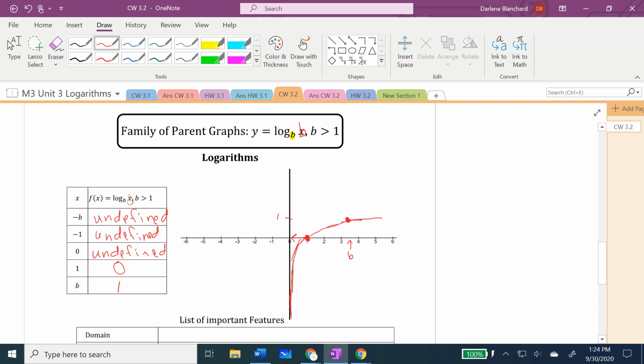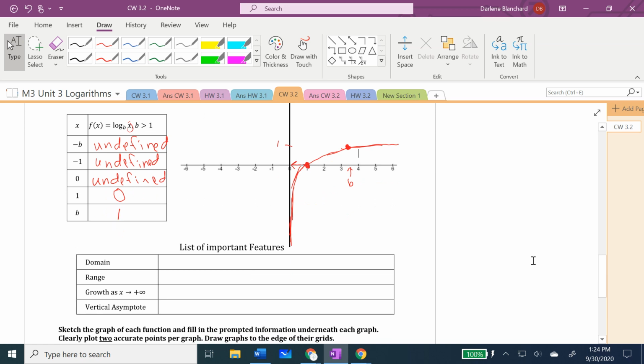And then when I draw this direction, it grows, but really, really slowly. Now, what are important features of all logarithms with bases greater than 1? The domain is 0 to infinity, not including the 0.